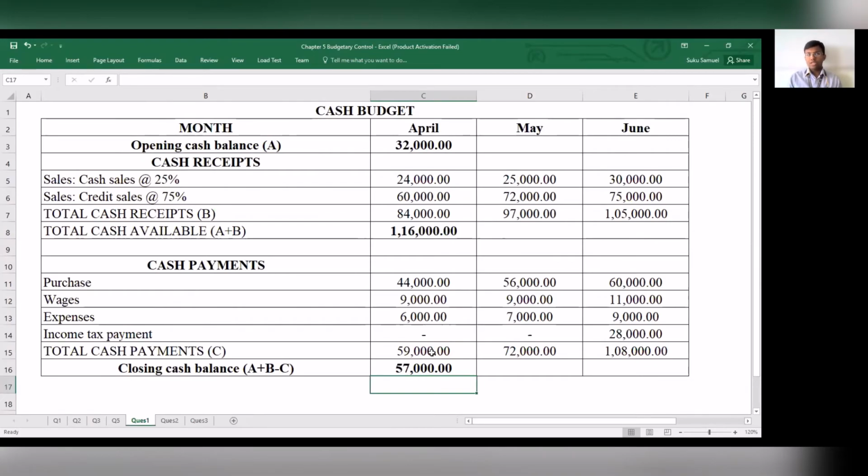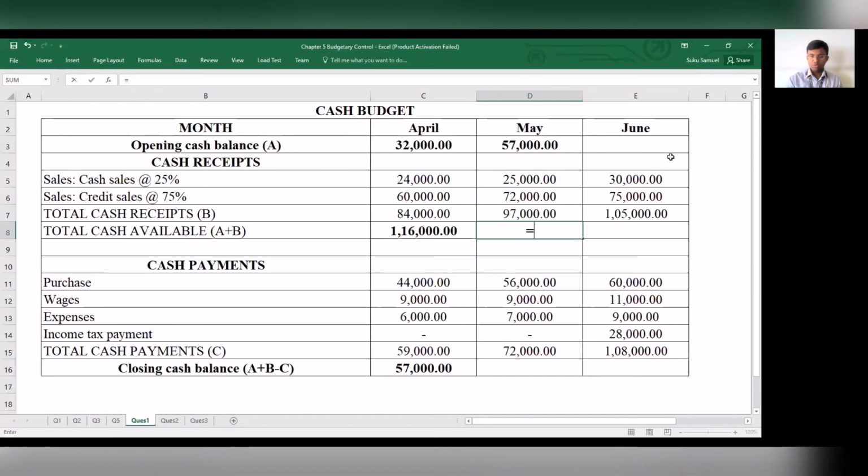Now, one important aspect which you must remember is that the closing cash balance for the month of April will be your opening cash balance for the month of May. So for the month of May, we have an opening cash balance of 57,000.